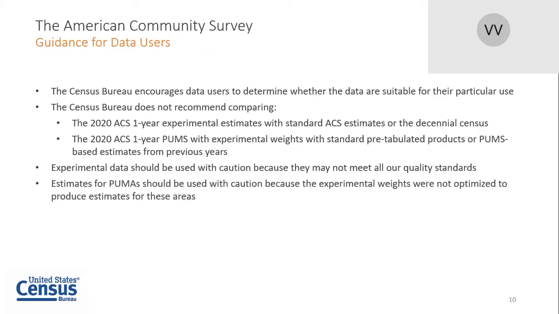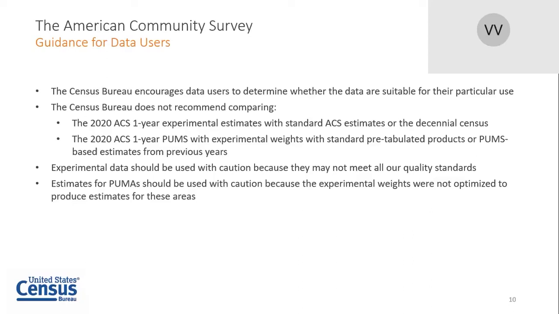And here's some guidance for data users that we want to provide. The Census Bureau encourages data users to determine whether the data are suitable for your particular use. The Census Bureau does not recommend comparing the 2020 ACS one-year experimental estimates with our standard ACS estimates or the decennial census, or comparing the 2020 one-year PUMS data with standard pre-tabulated products or PUMS-based estimates from previous years.